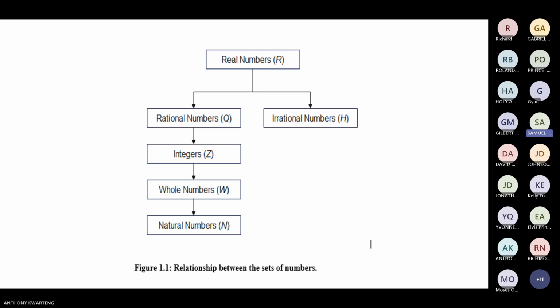Perfect numbers are numbers that can be expressed as the sum of their factors, including the number itself.